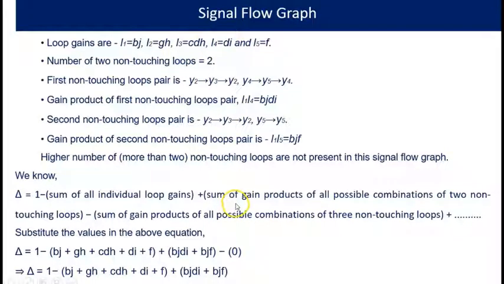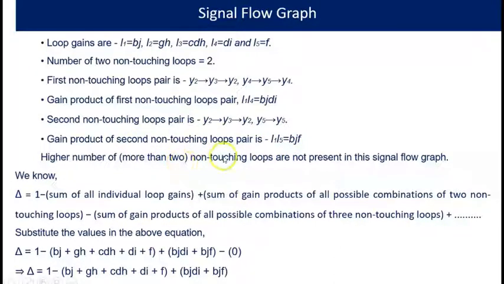That is the sum of gain products of all possible combinations of two non-touching loops. For the second case it is Bj into F, L1 and L5.